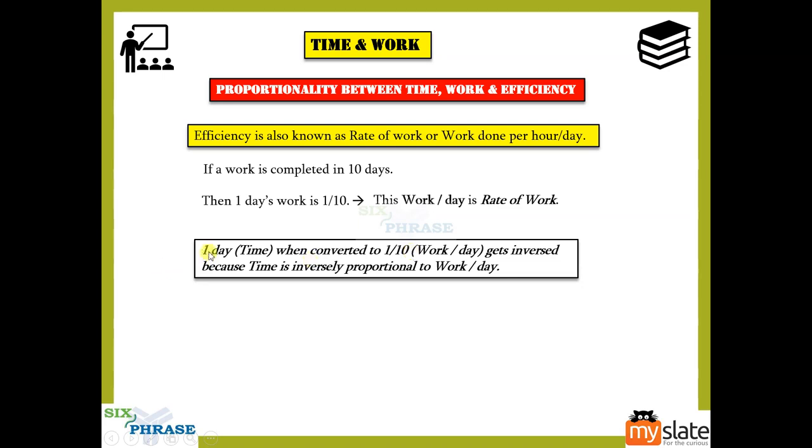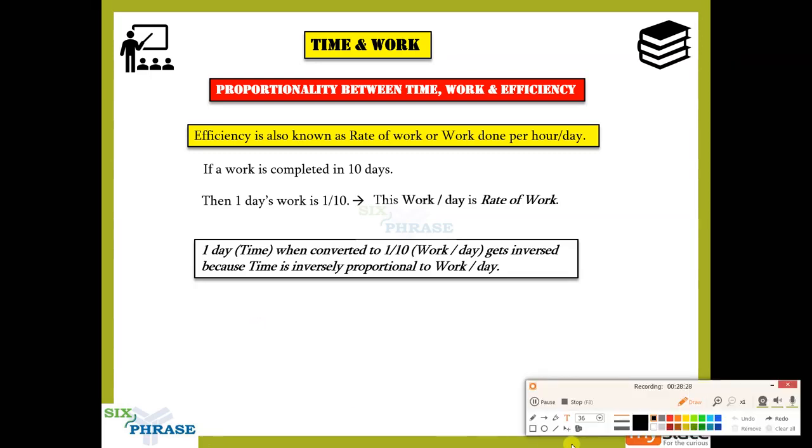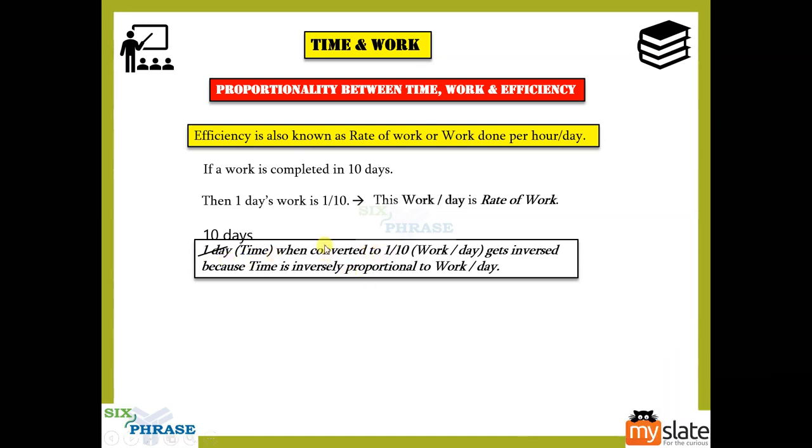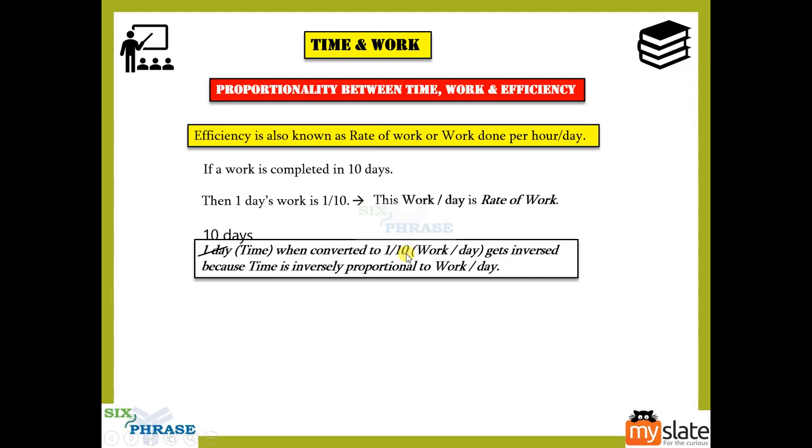This is not one day, sorry guys, this is 10 days. So let me change it to 10 days. When 10 days is converted to rate of work, or work per day, or efficiency, whatever you want to call it, it becomes 1 by 10.